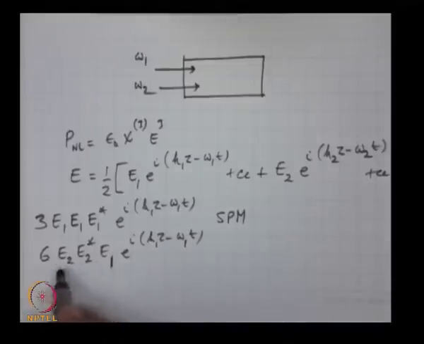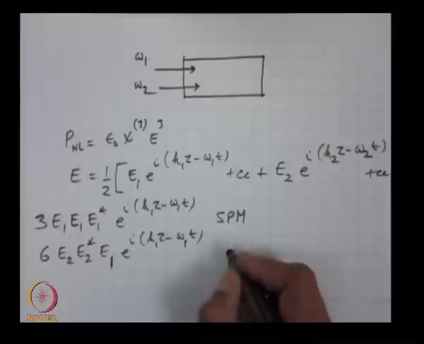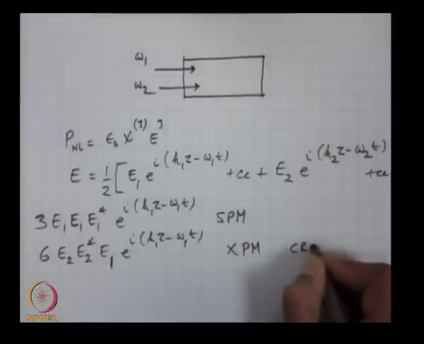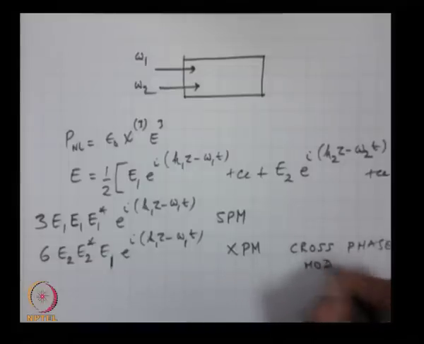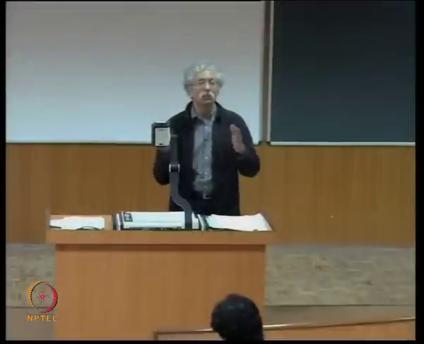The light at omega 2 is changing the refractive index of the medium at frequency omega 1 of this light wave, and this is called cross-phase modulation. It's called cross-phase modulation because the presence of omega 2 alters the propagation of omega 1.